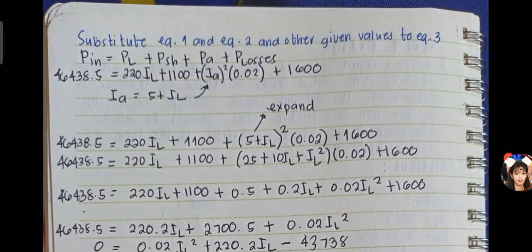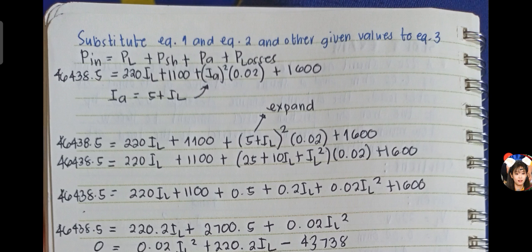So 46,438.5 watts is equal to 220 times IL plus 1,100 watts plus IA squared times 0.02 plus 1,600.